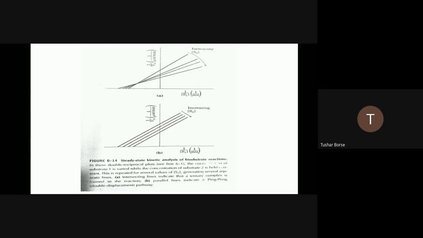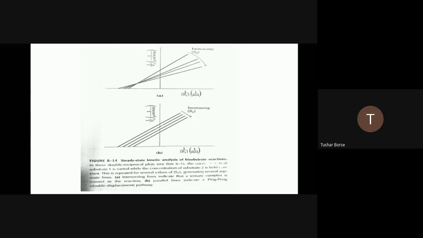By looking at this graph, they are kind of self-explanatory. In the first graph the lines are intersecting, so we can easily predict that it must be involving the formation of a ternary complex, because both substrates are coming simultaneously and the lines are intersecting.